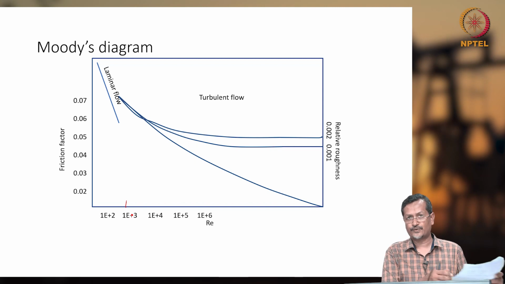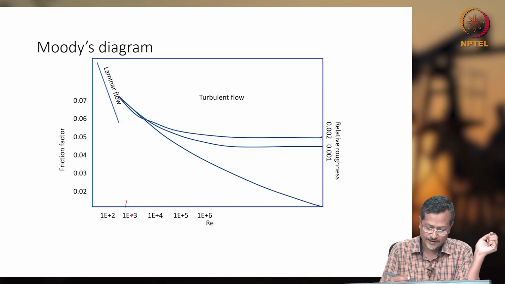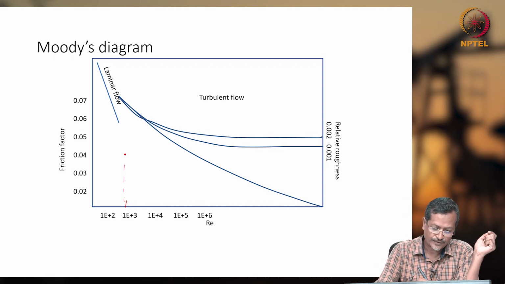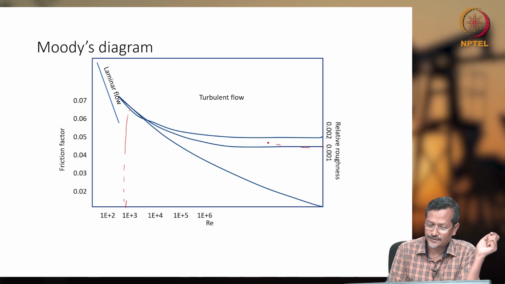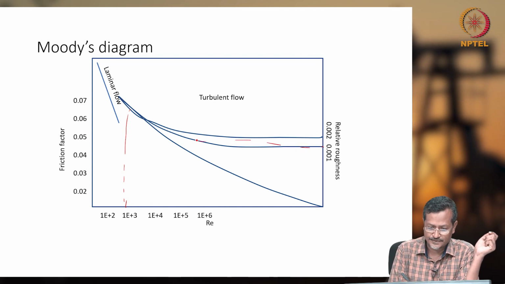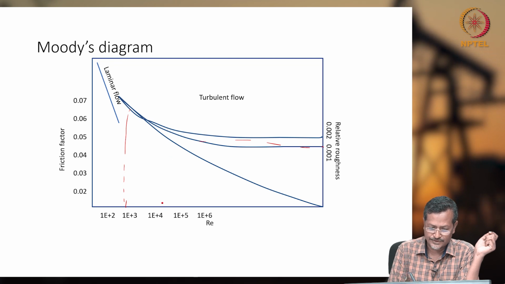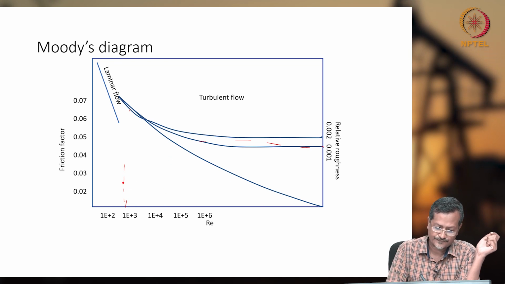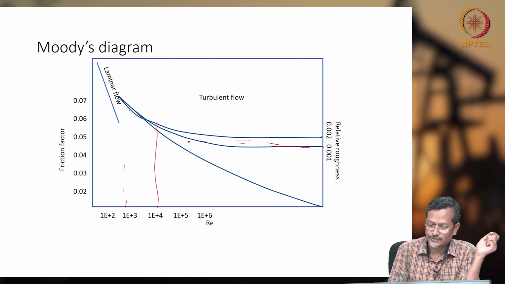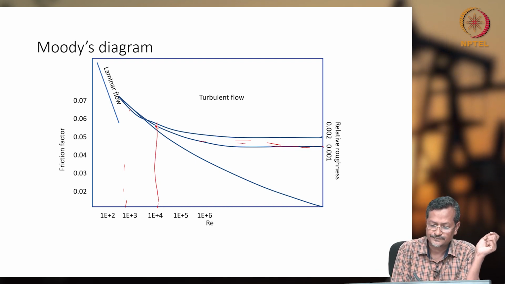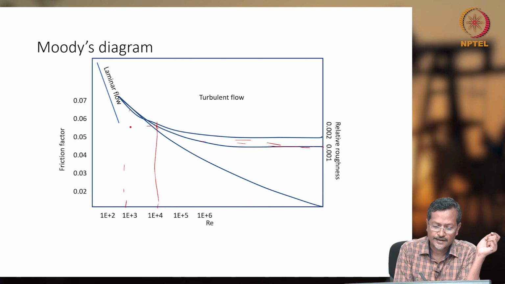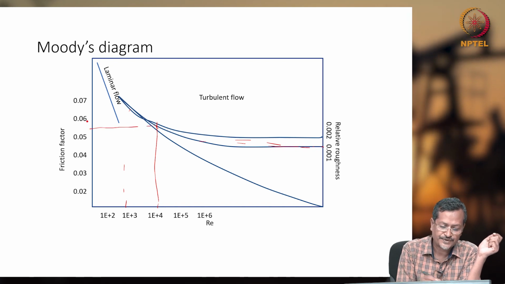So for example, the Reynolds number value is coming like this, then we go like this and reach like this. 0.001 will be somewhere in this range, and 0.001 will be like this, and we can get this friction factor value.